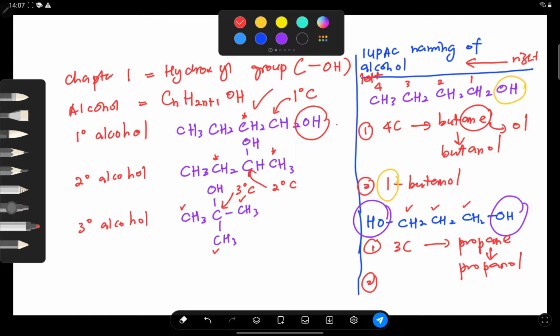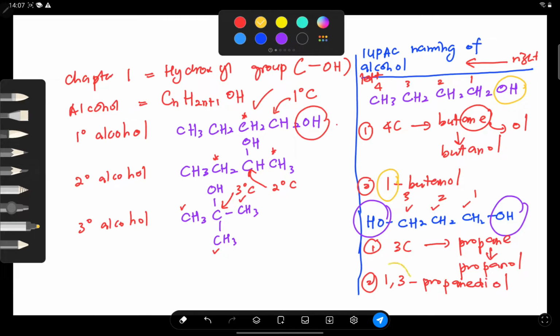Then you need to locate the position of the hydroxyl groups. So the locations are number 1, 2, 3. So 1,3-propanediol.